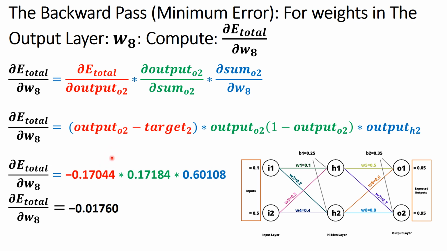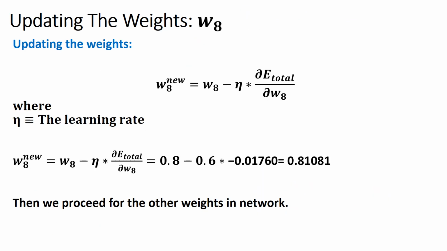Then we just compute the numbers, and this is the value of the derivative of E total with respect to W8. We update the weight.